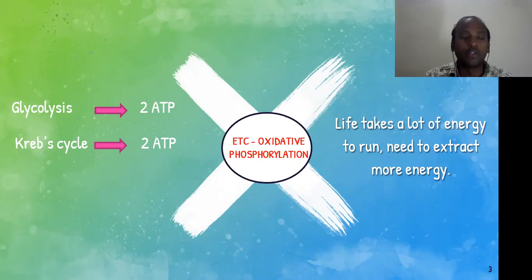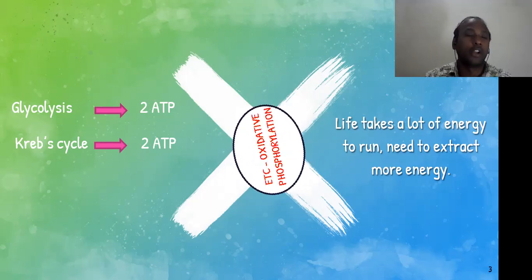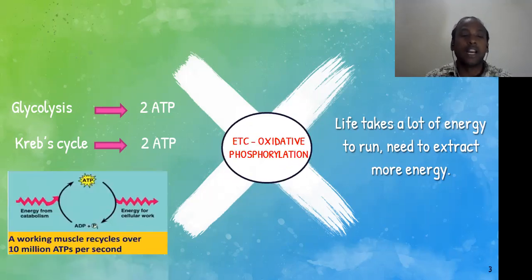Here I am going to give you the best example. If you take a working muscle, it recycles over 100 million ATPs per second. Just think about it. A muscle in working condition takes a huge amount of ATP and uses it for its activity.